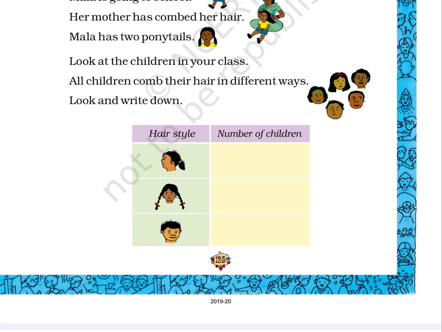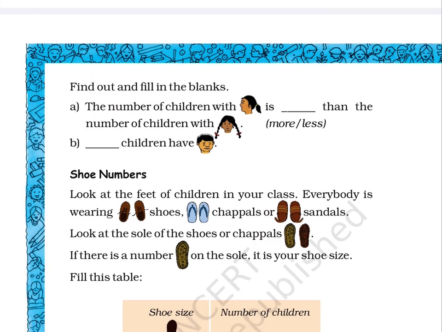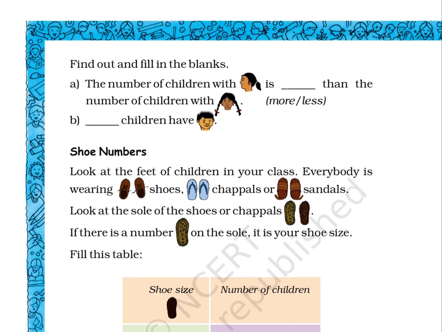Page 126. This page is divided into two parts. The story of Ponytails continues in Part 1, and in Part 2, new story titled Shoe Numbers begins. Let's start reading this page. Part 1.